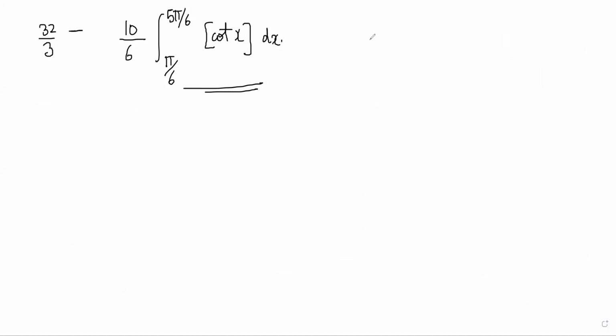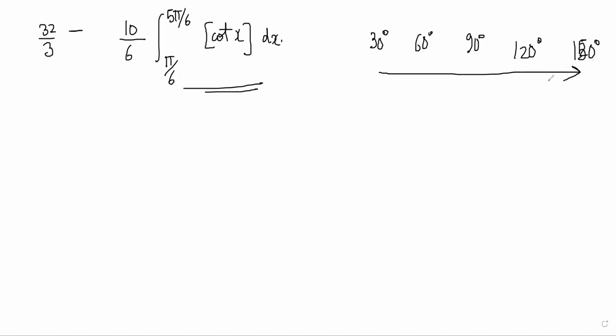Our angle is going from 30 degrees, maybe 60 degrees, 90 degrees, 120 degrees, to 150 degrees. If you just write the values of tan x: 1 by root 3, and there is 45 degrees in the middle also, where it is 1, and then tan is infinity here. Tan 120 degrees is actually negative tan 60 degrees, so negative root 3, right?